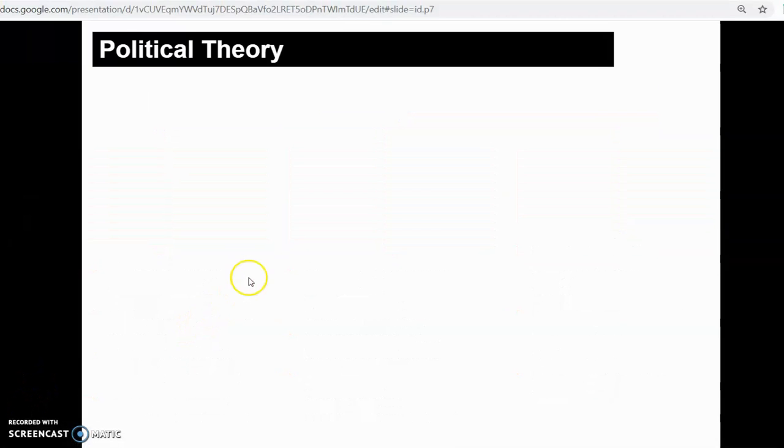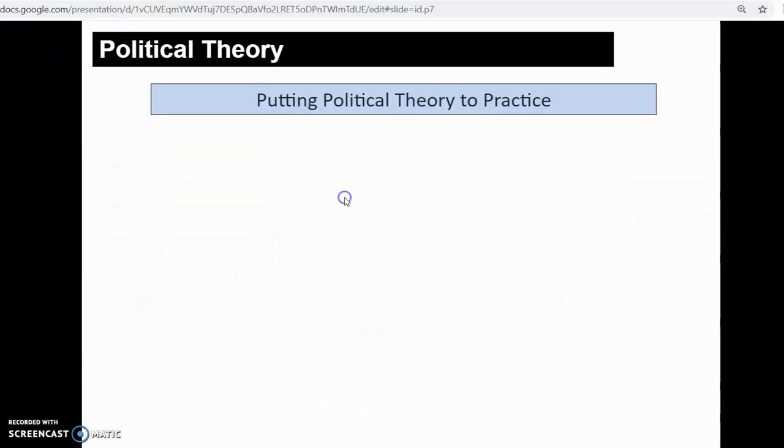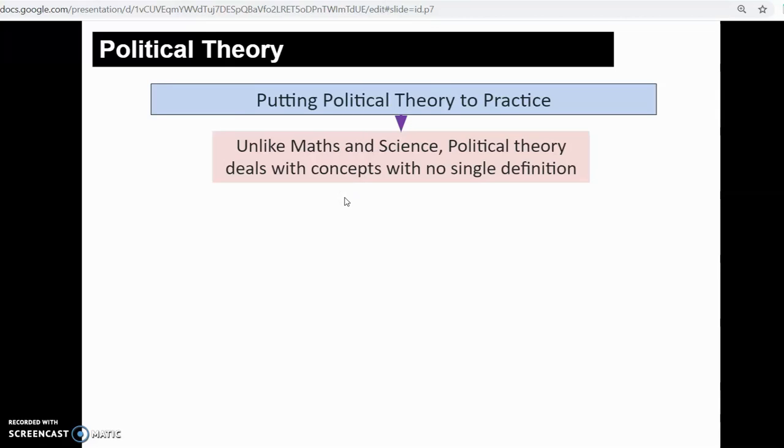So moving toward the last question of the day: how can we put political theory into practice, right? As we have already learned in the previous lecture, political theory is a complex and comprehensive issue. It is a social science. It is not mathematics, where each and every fact can be proven empirically.